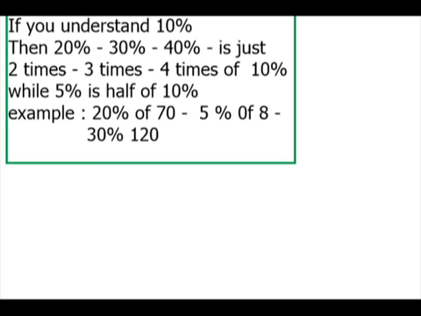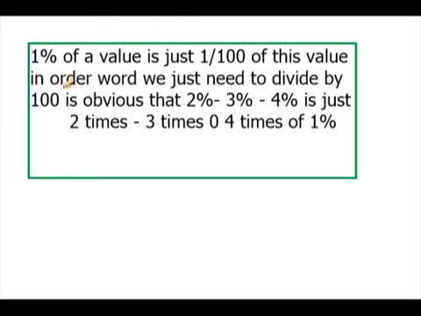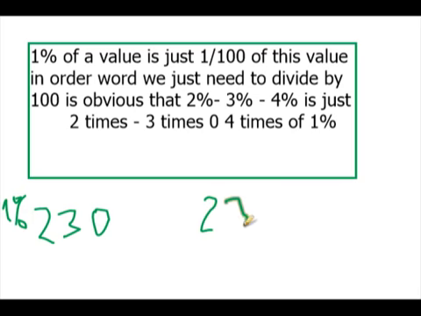Okay, one more thing to do. What about 1%? I know 1% is just 1 out of 100. So when they ask me 1% of any value, I just have to divide this value by 100. Let's say I have 230, and they ask me for 1% of it. That's easy.